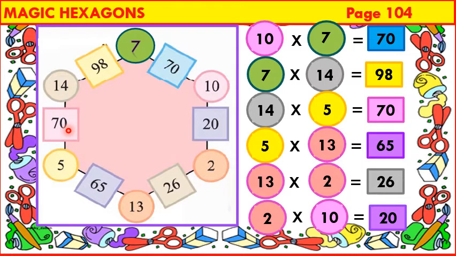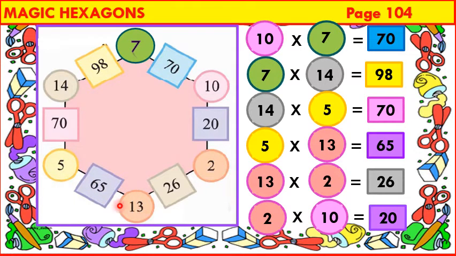Children, look at the patterns of numbers in a hexagon. Each side has 2 circles and 1 box. Look at the number 65 in the box. Now tell me, which are the 2 circles next to it? These both, right?